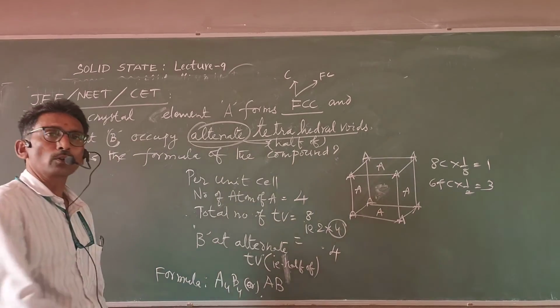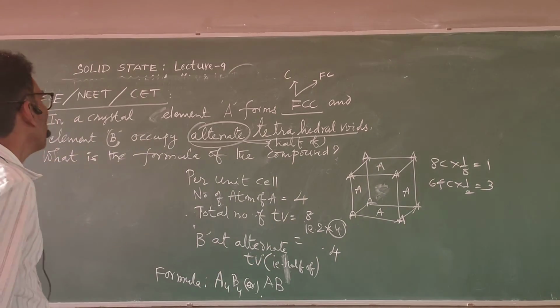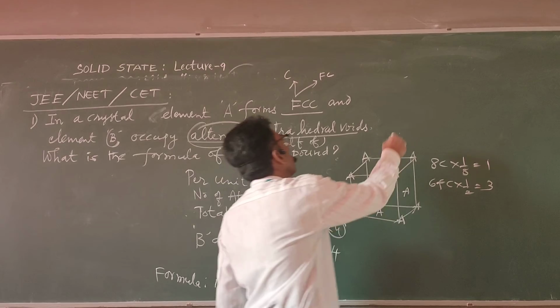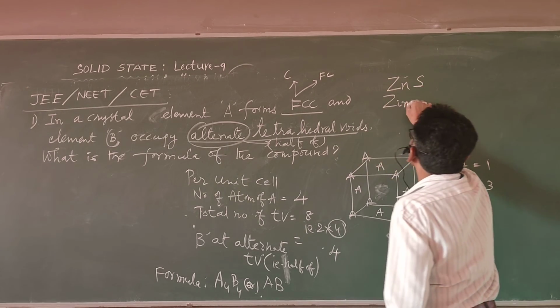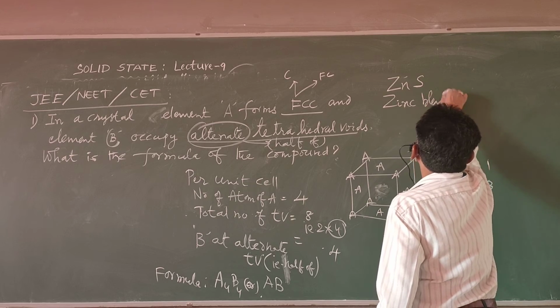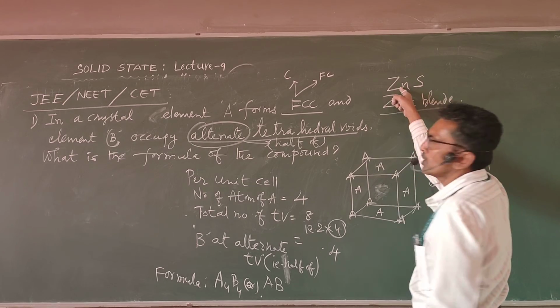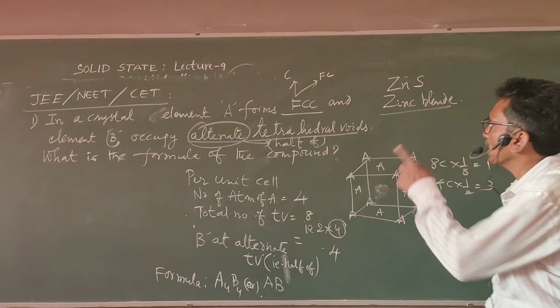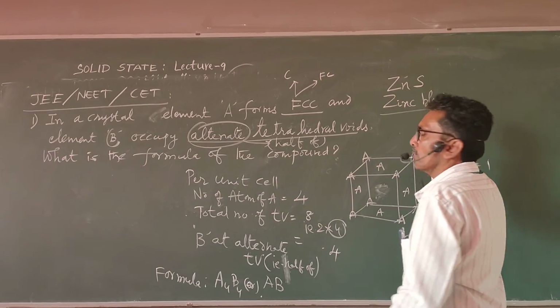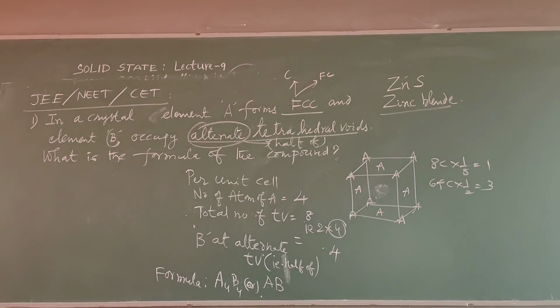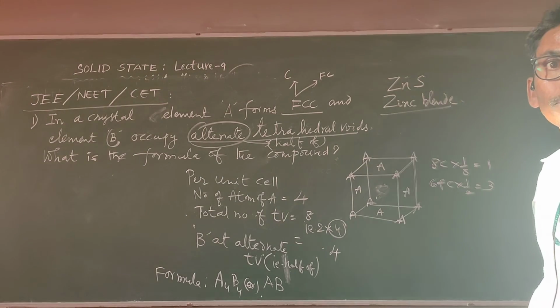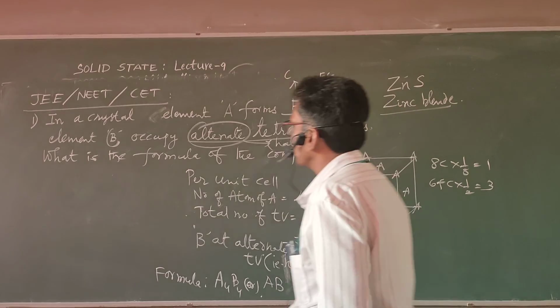I hope you followed this one, and this is observed in a well-known compound, ZnS, known as zinc blende. Either zinc or sulfur occupies FCC, and the other occupies alternate tetrahedral voids, and this is known as zinc blende structure.